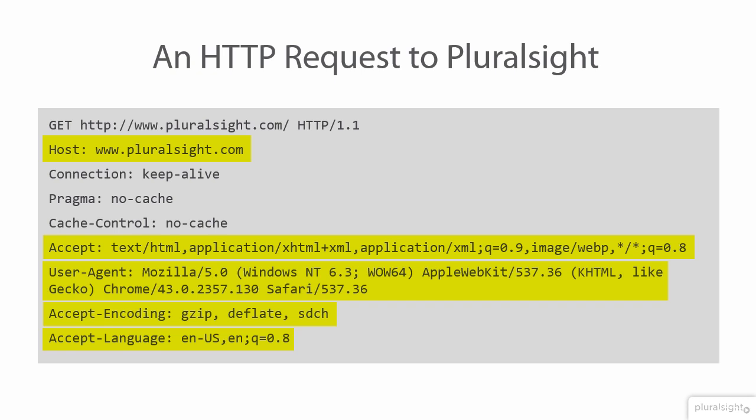Yes, they could get the IP that I've made the request from, but of course you could have many people share the one IP. It's not a stable identifier of the user. So between request 1 and request 2, Pluralsight has no idea that I'm the same person. Now the caveat to that is whether there is anything else that can be sent in the request that ties the two together.